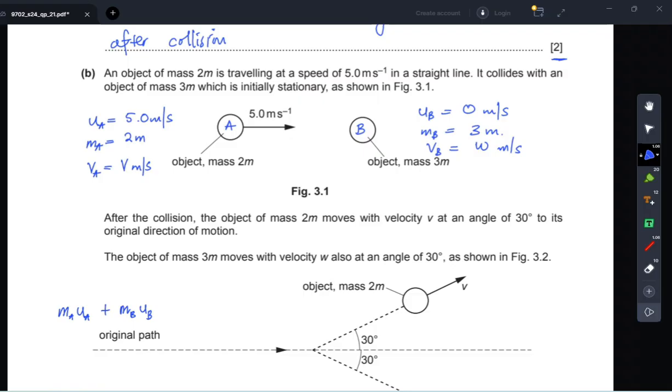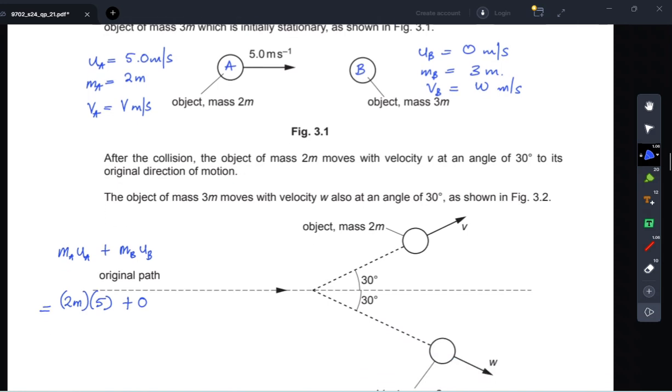If you look closely, this is giving us 2m times 5, and then plus 0, of course, which means we have 10m. So this is the total momentum before collision.